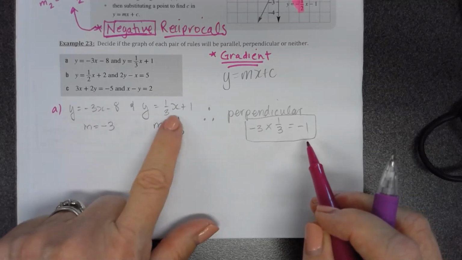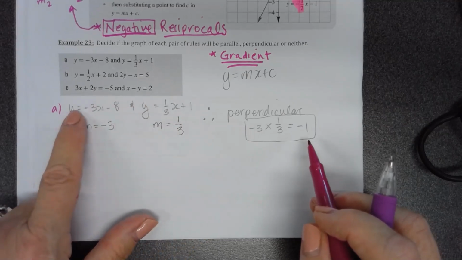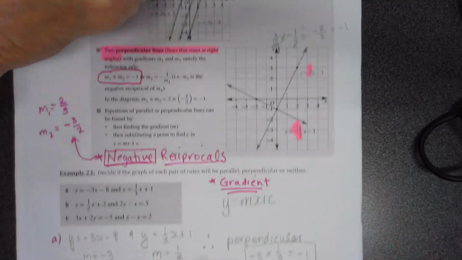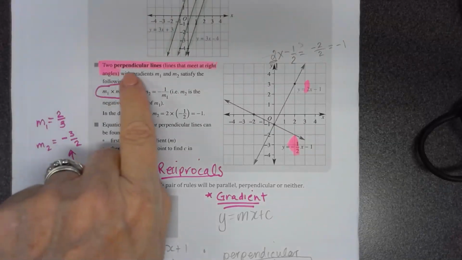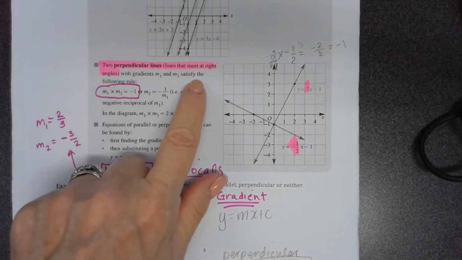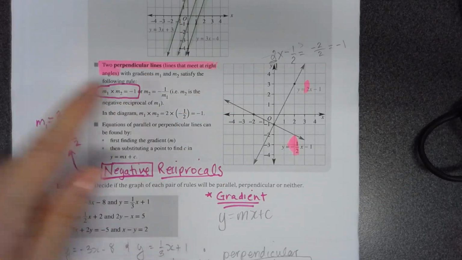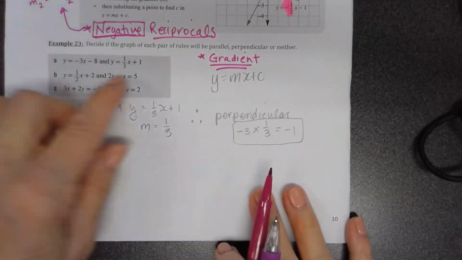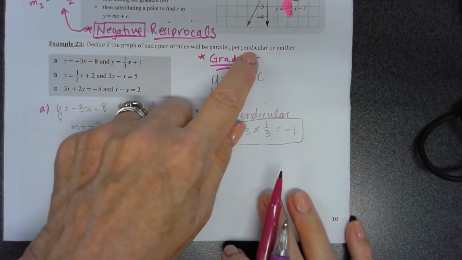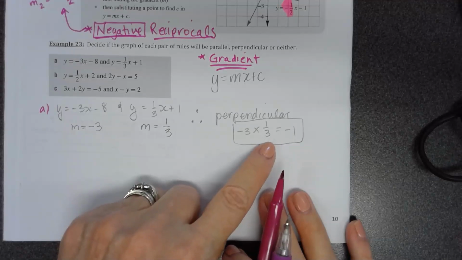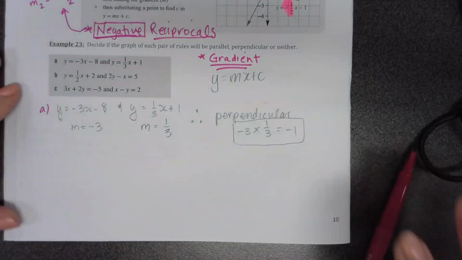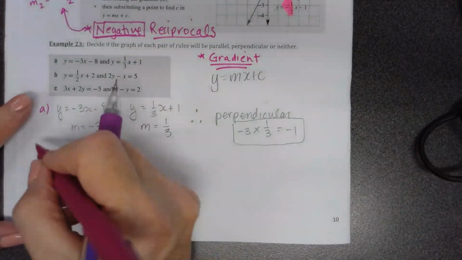Okay, let's go back up here. It says the two lines are perpendicular, or they meet at a right angle, if their two gradients multiply to -1. So all I'm trying to find here is, are they perpendicular? Yes. But if they don't equal -1, then, well, let's keep going. We're going to get some other options here.